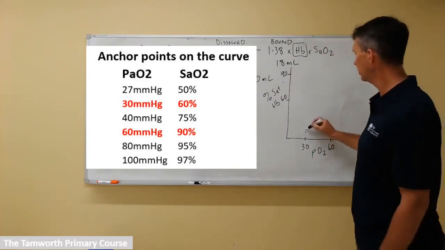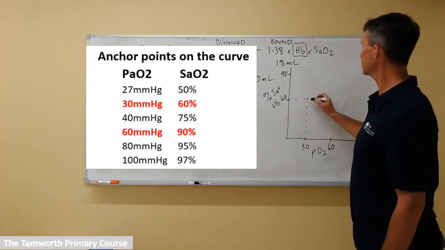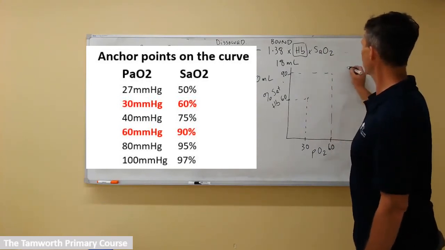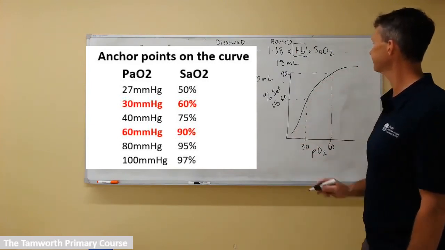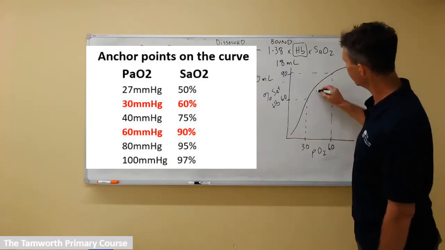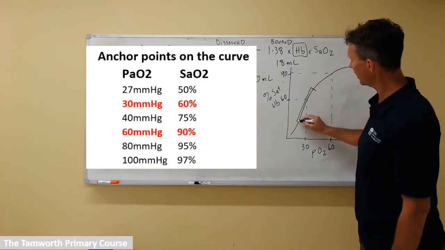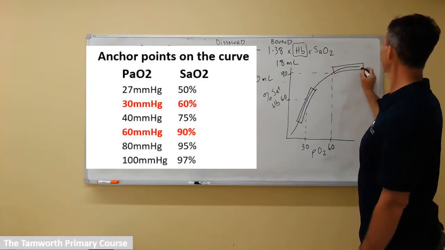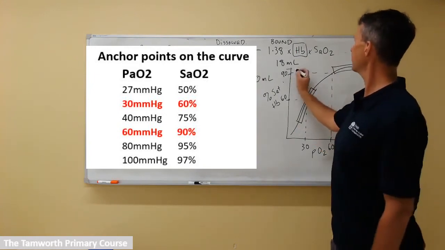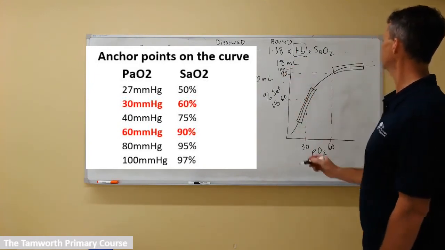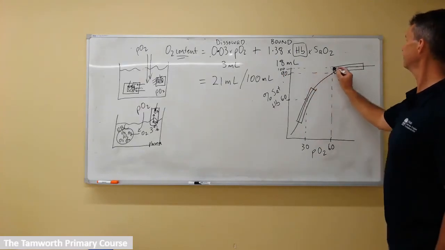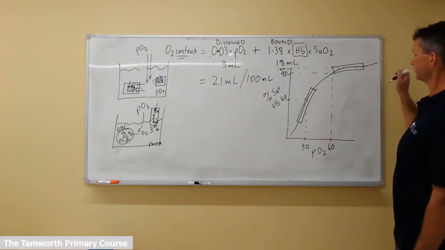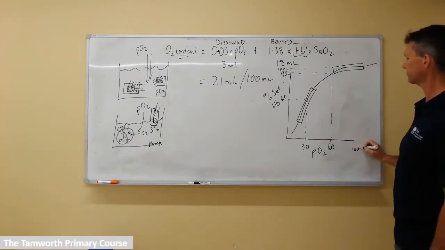Really simple. 30, 60 corresponds to a point, 60, 90 corresponds to a point. And we can draw our curve through that. That defines a few important areas. Sitting up here will be 100% as well. You'll note that the curve attains it and then starts to get away from it.